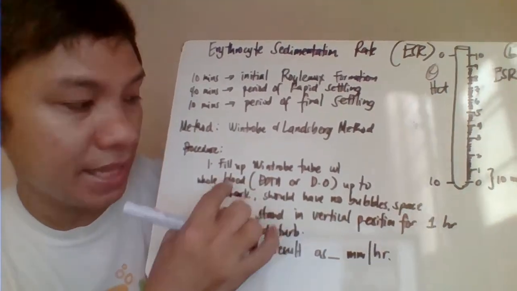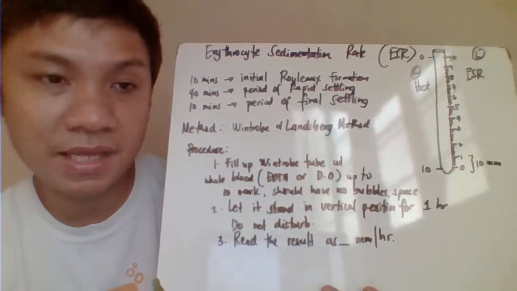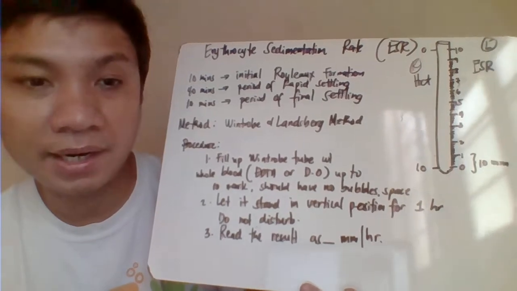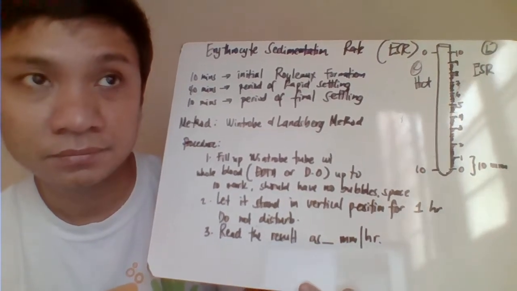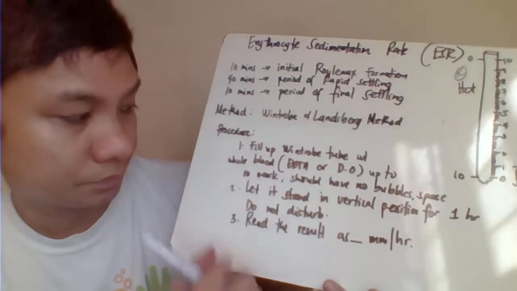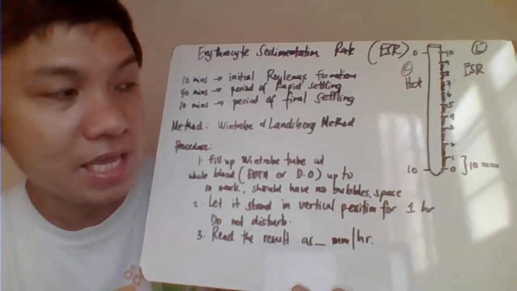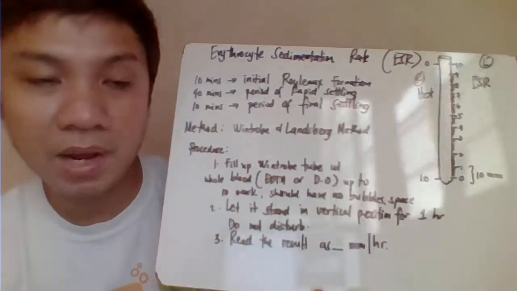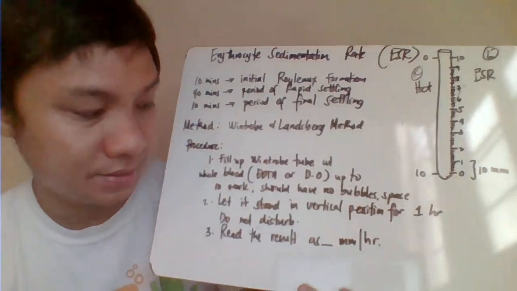You can use double oxalate or EDTA for the Wintrobe. Fill your Wintrobe tube up to the mark, making sure there are no bubbles and no space.